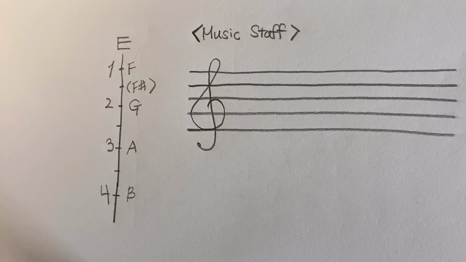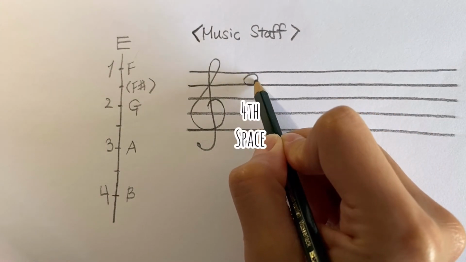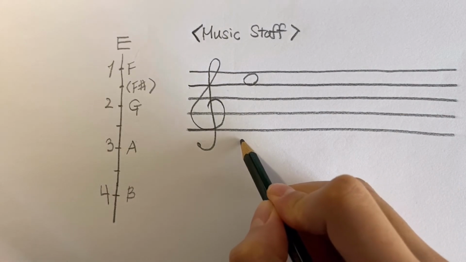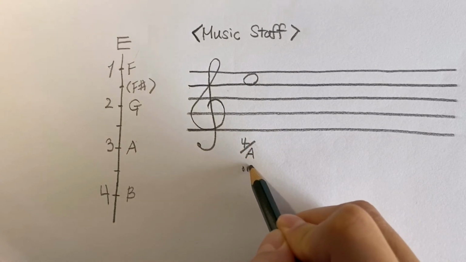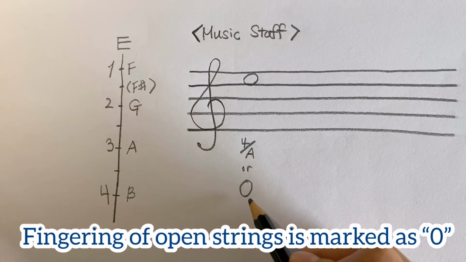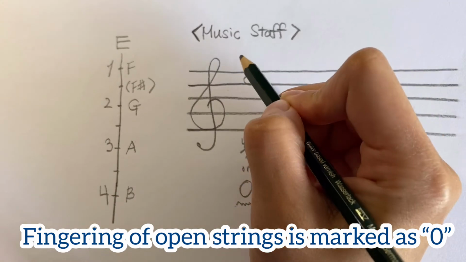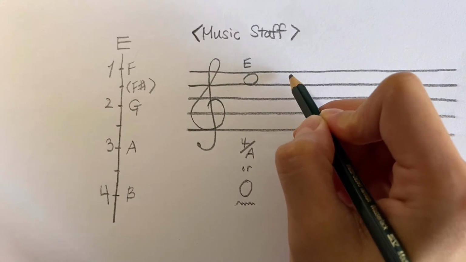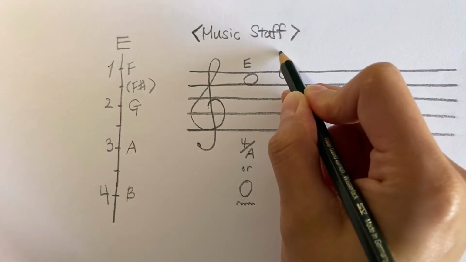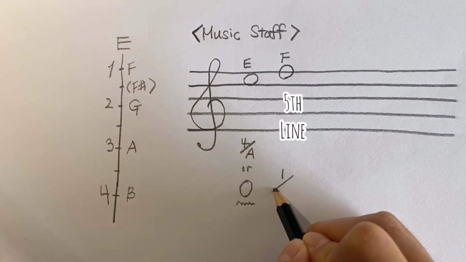Now, where are the notes on the music staff? First of all, E is right here on the fourth space. That's our E string. But you can play E with the pinky on the A string, or we can play the open string E. Next is F. F, you can play with the first finger on the E string.